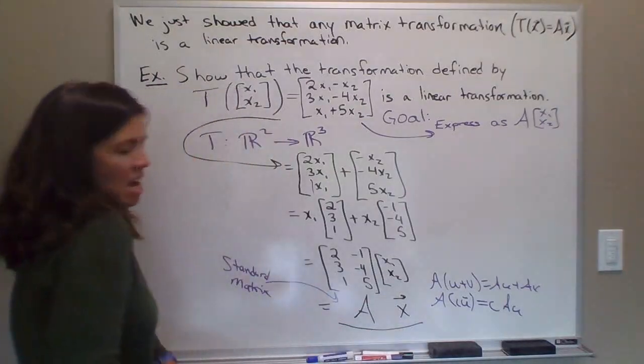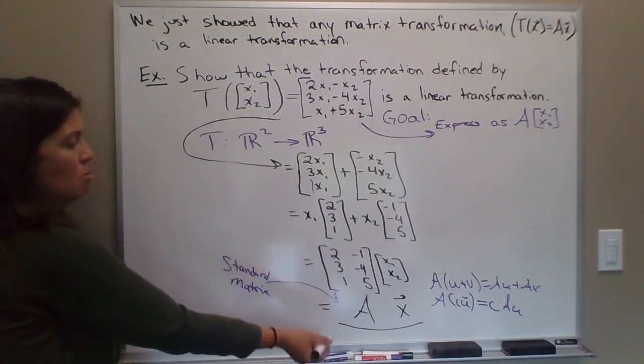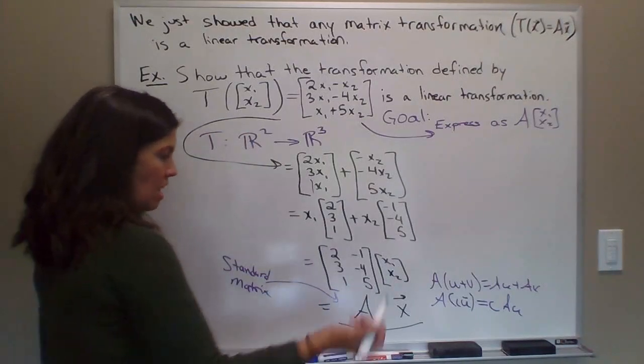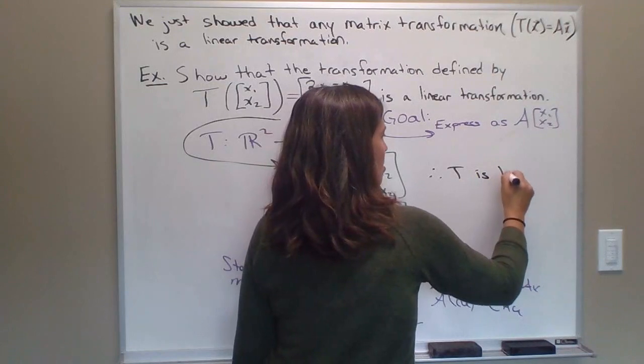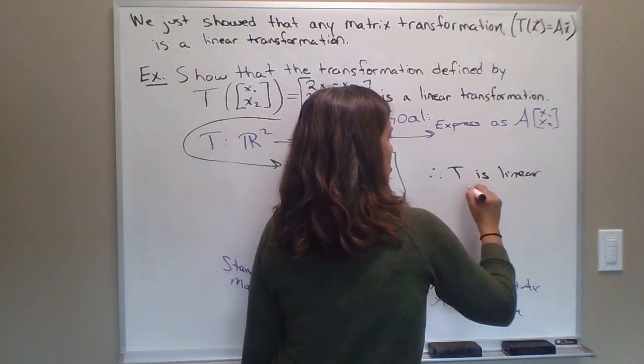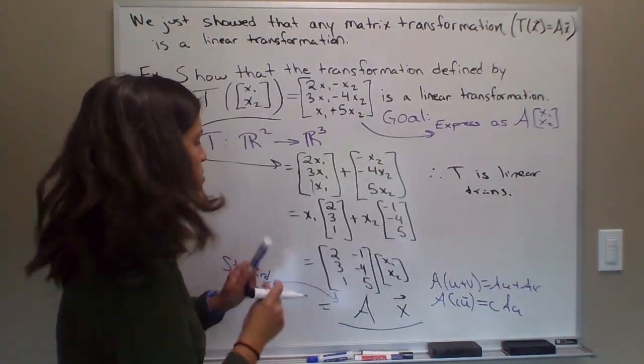As soon as you write it as a matrix vector product like this, if T of x is equal to A times x, then T is a linear transformation.